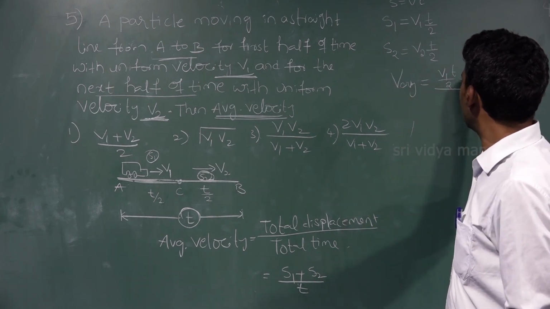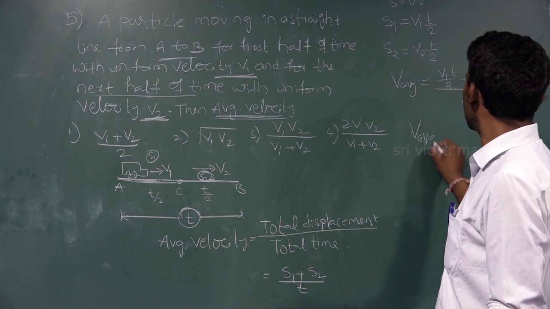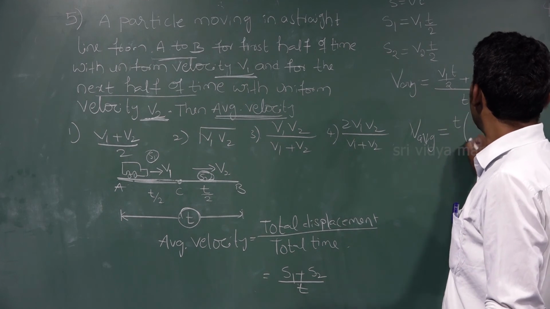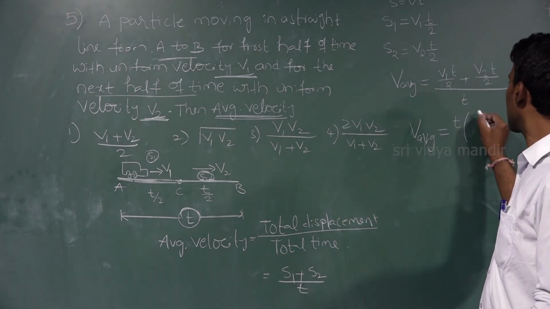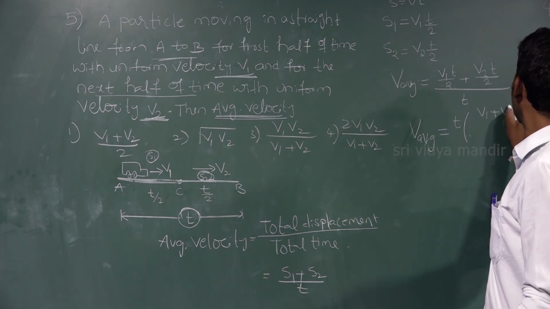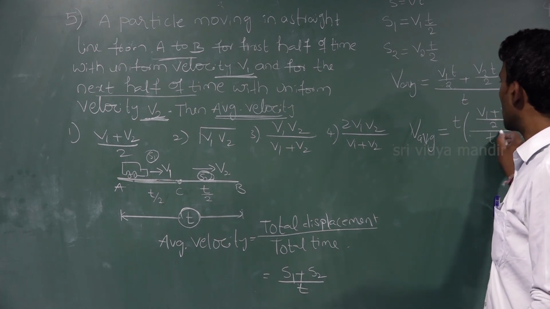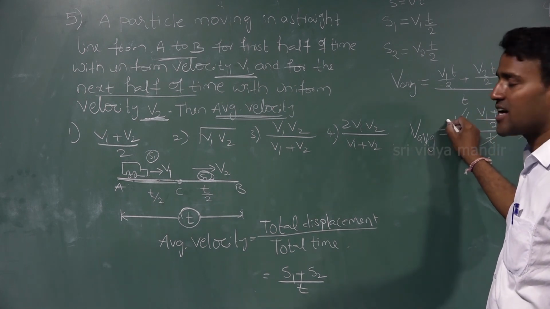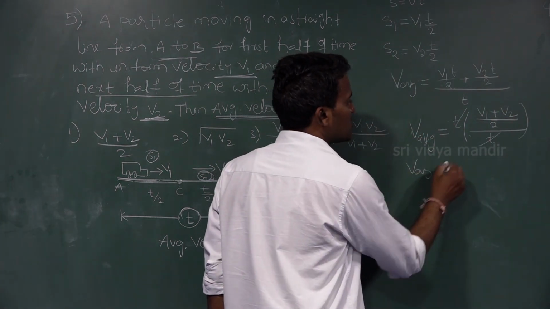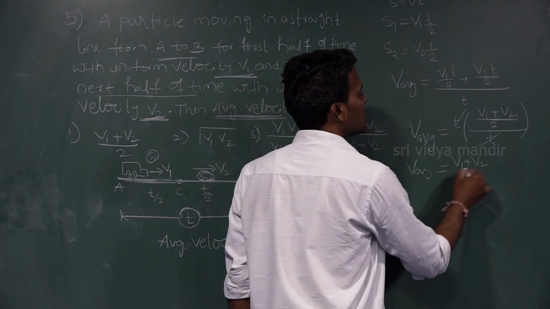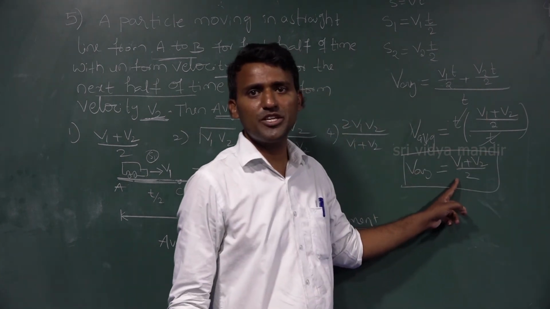Now if I take the common t, the LCM is 2, so we can write (v1 plus v2) divided by 2, all divided by time t. Now the t's get cancelled, and average velocity is equal to (v1 plus v2) by 2.